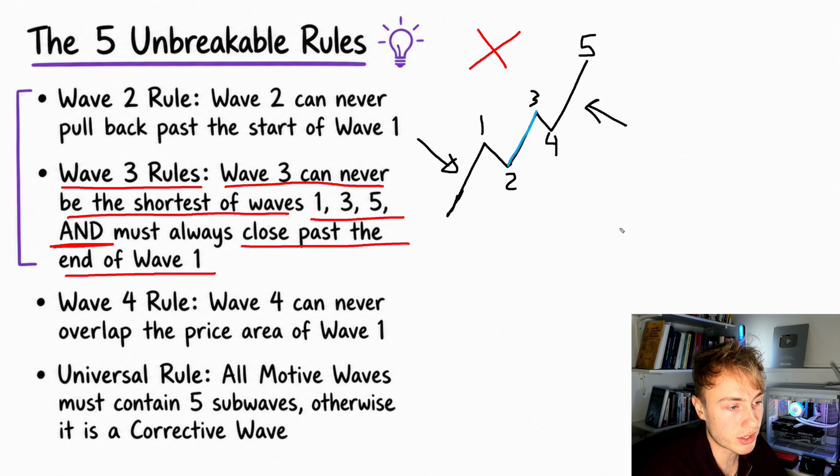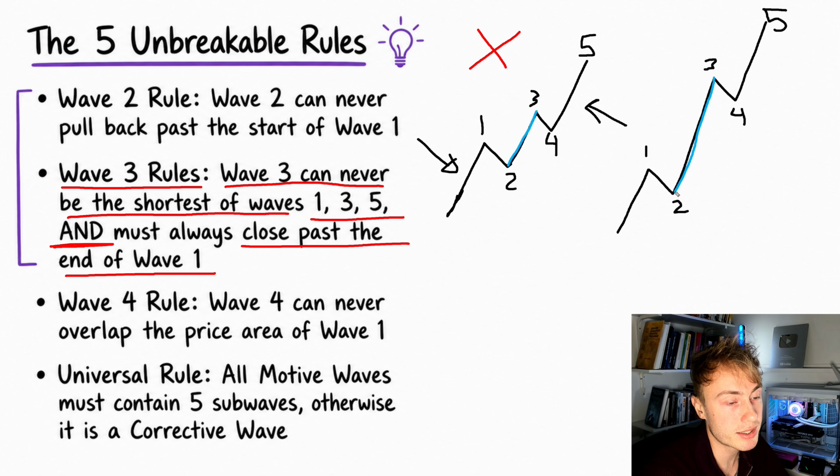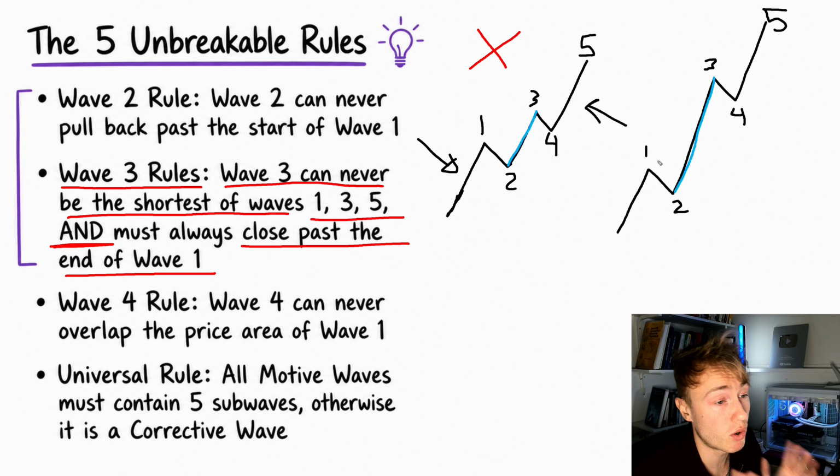But if we have a count that looks something like this, wave 1, 2, 3, 4, 5. Now you can clearly see, let's once again draw it out, 1, 2, 3, 4, 5, that wave 3 here is the longest, and this is what we want to see. At least it can never be the shortest of wave 1, 3, and 5.